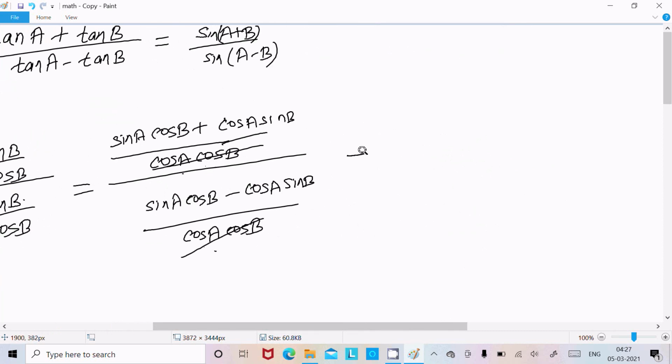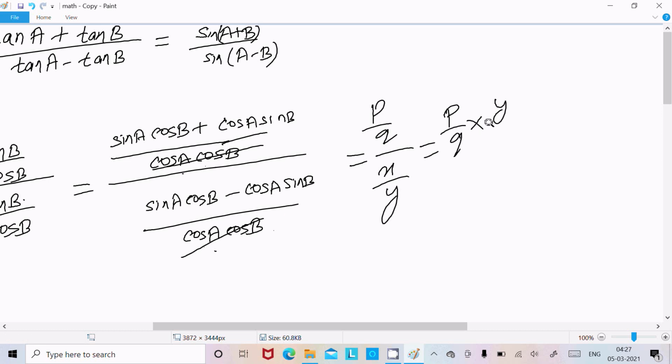So this will cancel. Now if the form is like P divided by Q divided by X divided by Y, write P by Q and move Y to the top, so this term will cancel.